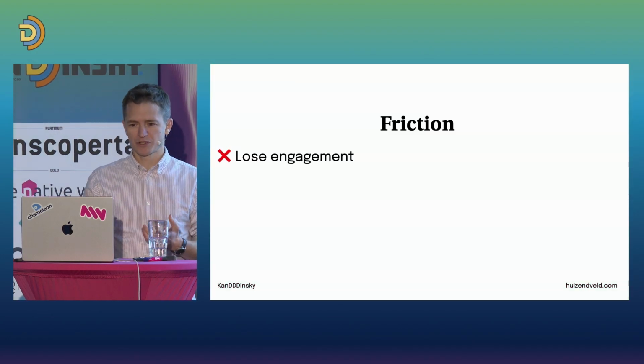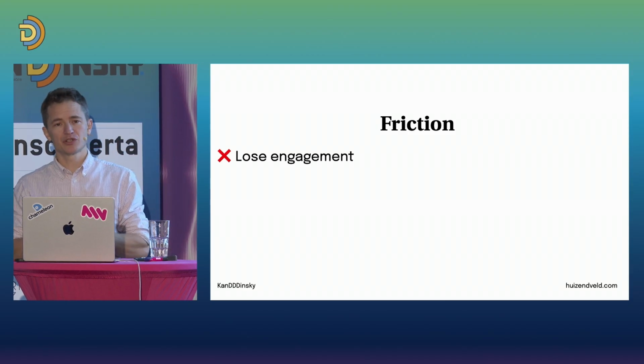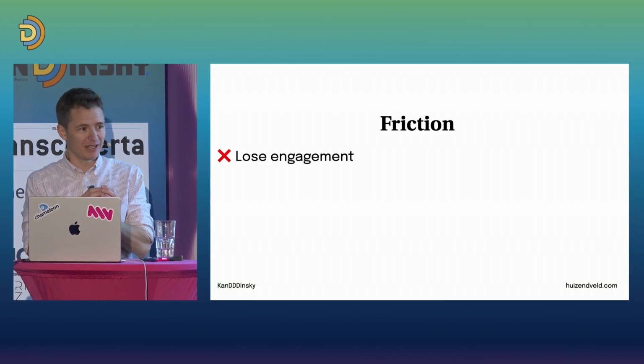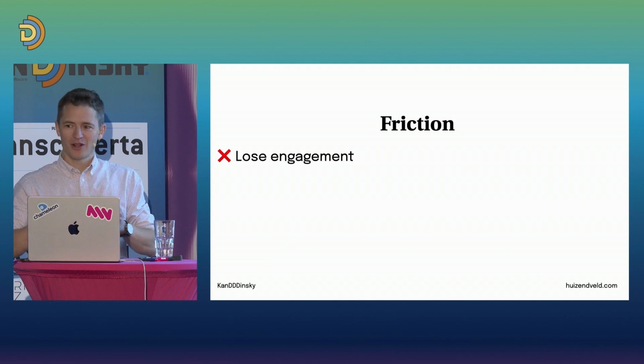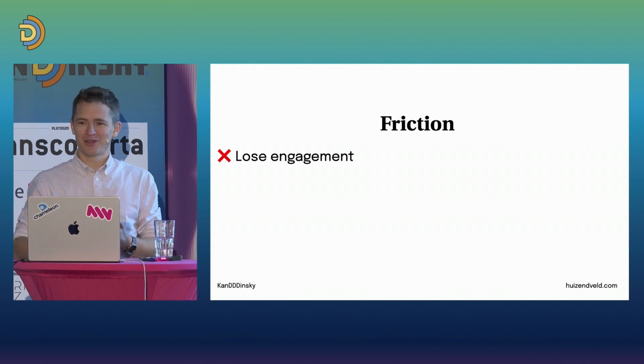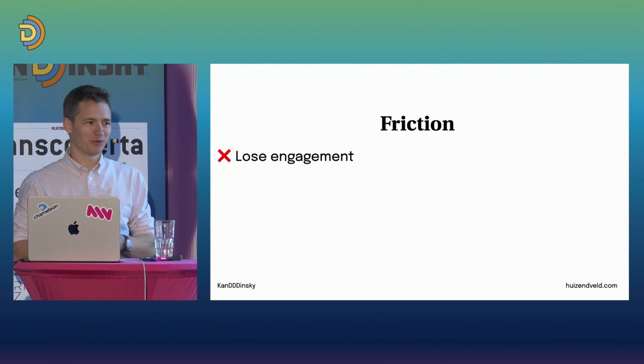And other forces of friction are, as soon as you start to do something and it gets very big, you will very quickly lose engagement, especially if you're doing this the first time around. So it's sort of the people that become, in that sense, the biggest bottleneck.